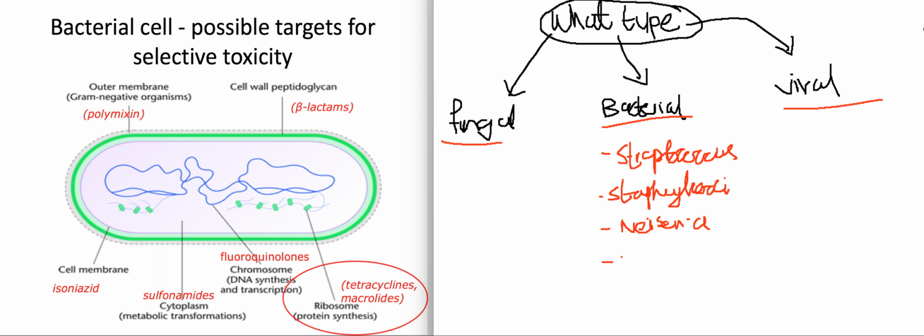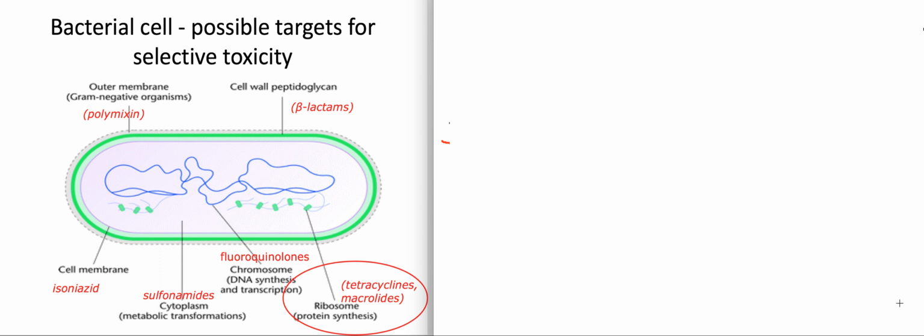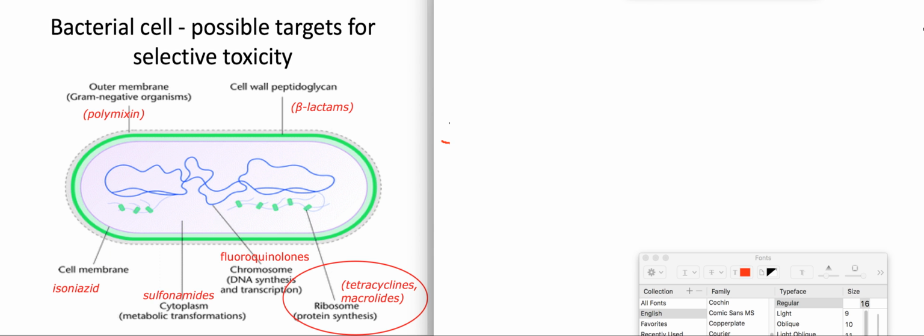If I draw that out, you have beta-lactams, polymyxin, isoniazid, fluoroquinolones, sulfonamides, tetracyclines, and macrolides.